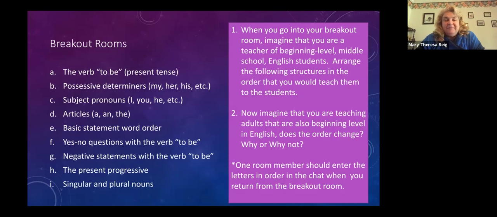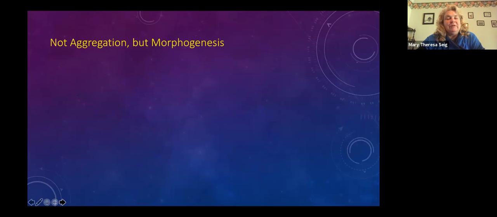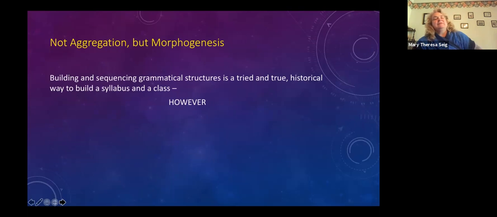The point being that as teachers, I will just summarize what we were hoping to accomplish with that task. As teachers, we are always trying to put the language into manageable chunks that can be sequenced in a certain way.